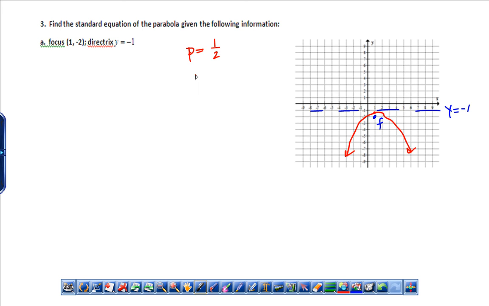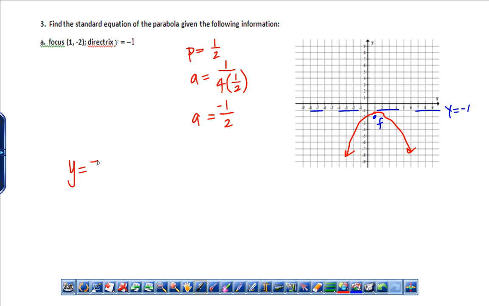So I'm going to take my formula. a equals 1 over 4 times p, which is a half. So if I take a half of 4, then my a is equal to 1 over 2. Now I know that it's facing down, so that is going to be negative. And because it's facing down, I know it's going to be a y equals.